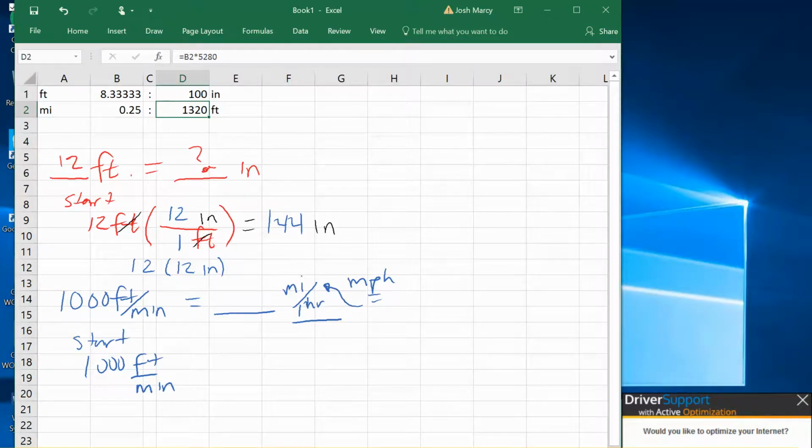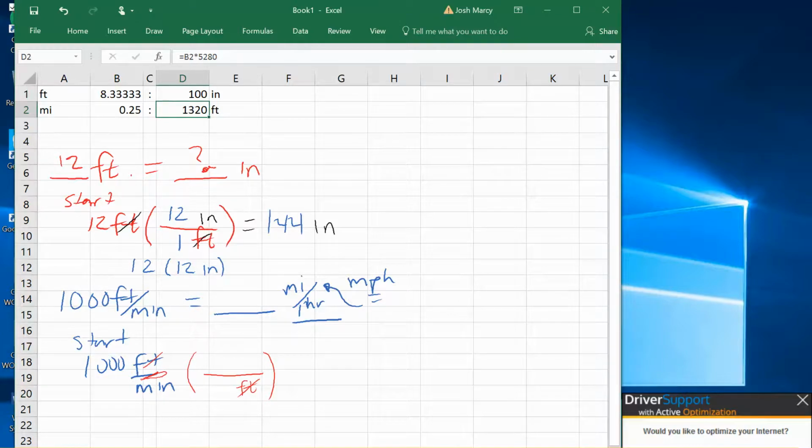If I'm looking at feet first, up above, well, I had changed it now, but I had told you 5,280 feet in 1 mile. Regardless, I want feet to cancel. So I know feet is going to go in this denominator.